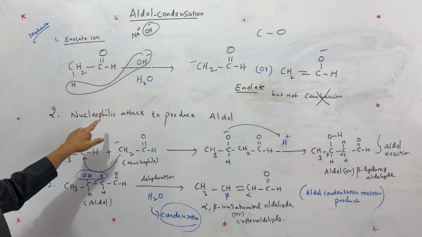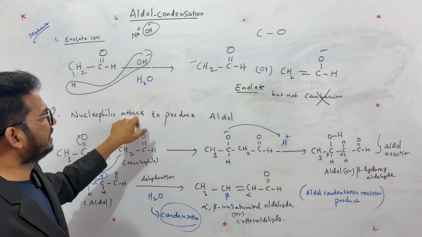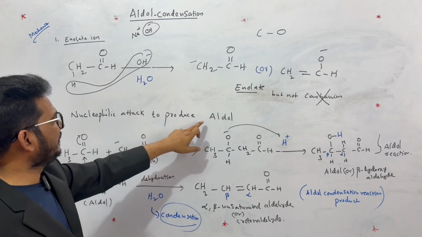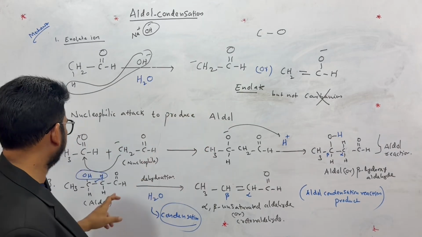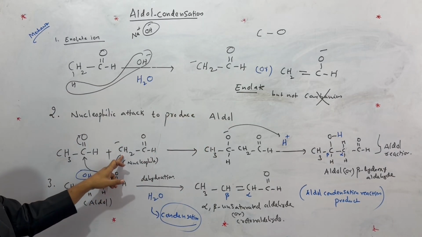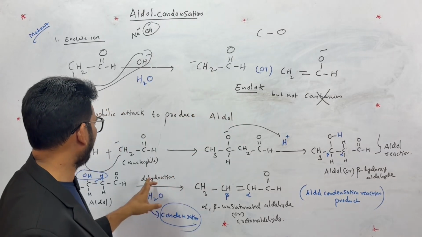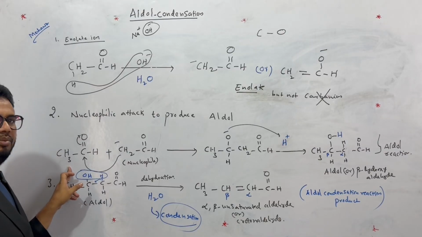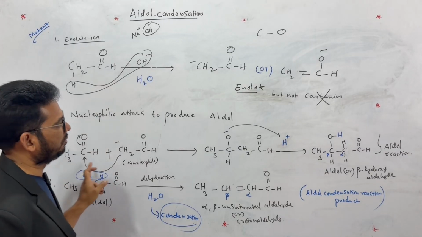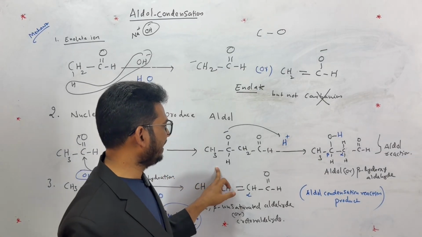Next step, nucleophilic attack by the enolate produces the aldol. The enolate acts as the nucleophile, attacking one more aldehyde to produce this anion.